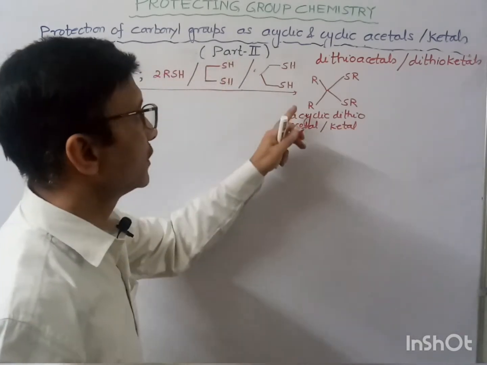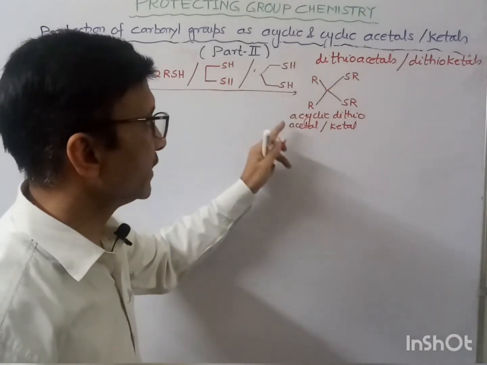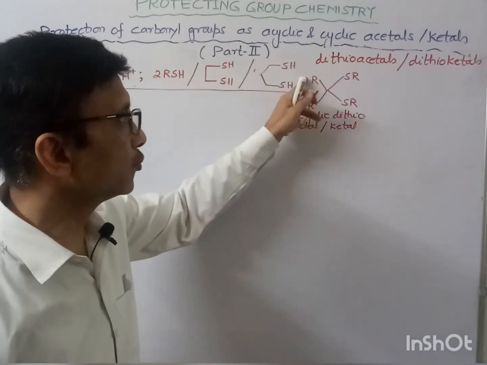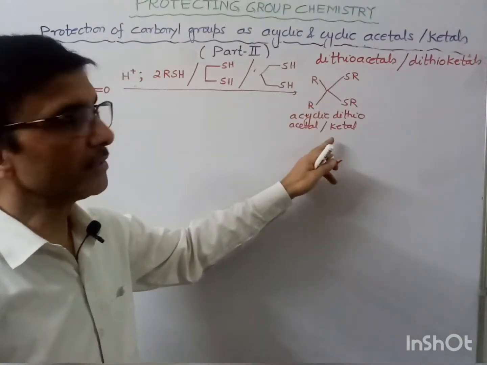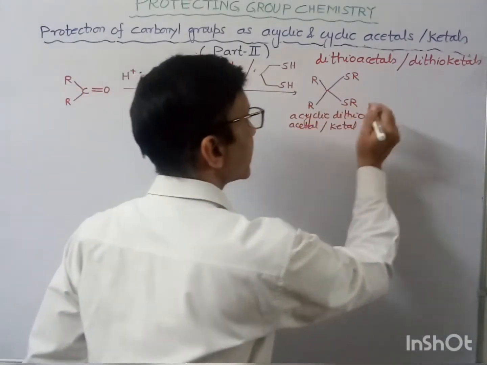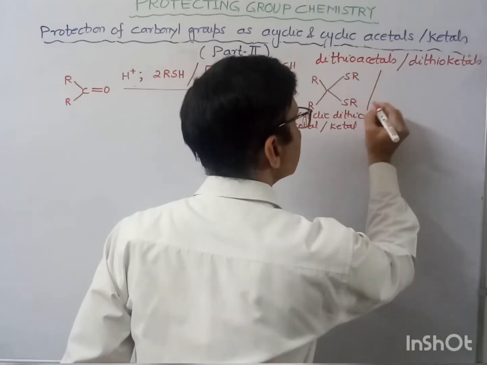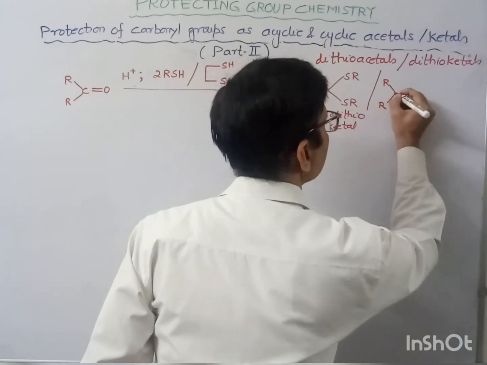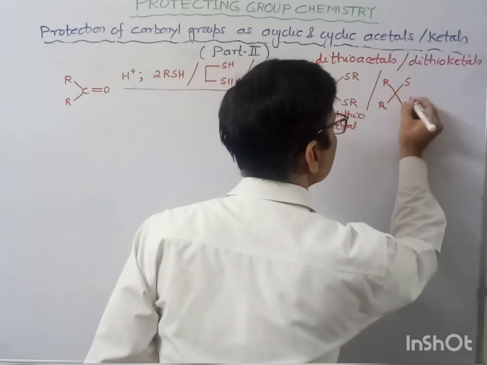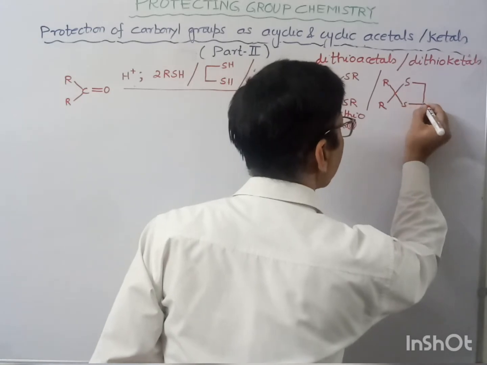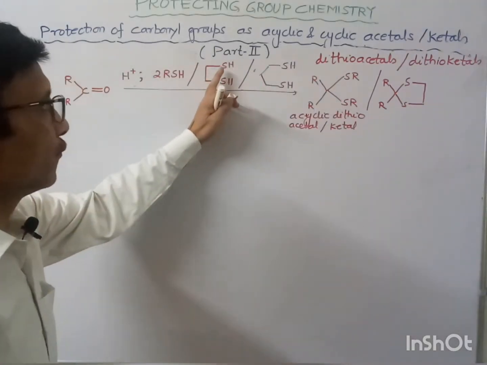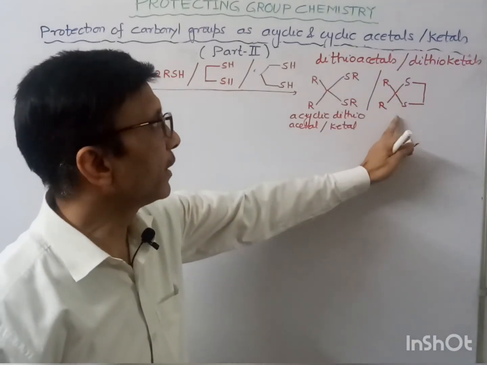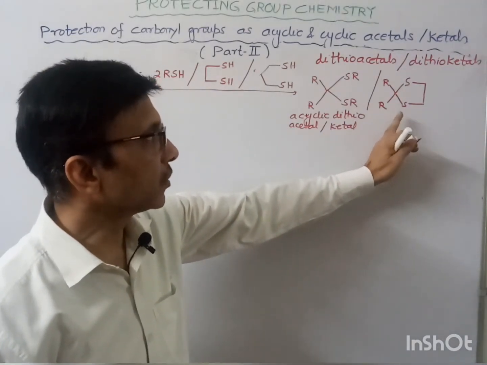So if this R is equal to H, then it is acetal. If R is any alkyl group, both alkyl groups being present over here, then that would be the ketal. So either we will get an acyclic one or we may get a cyclic one. If you are taking 1,2-dithiol, then we will get a 5-membered dithioacetal or dithioketal.